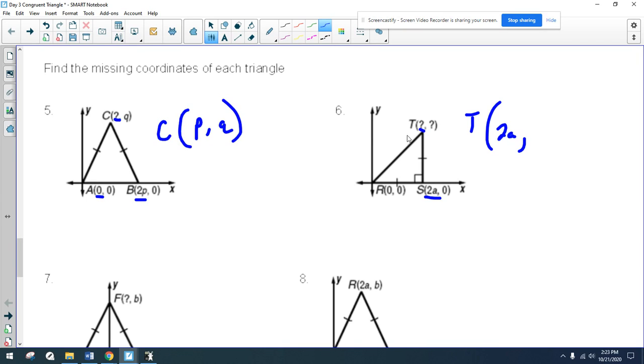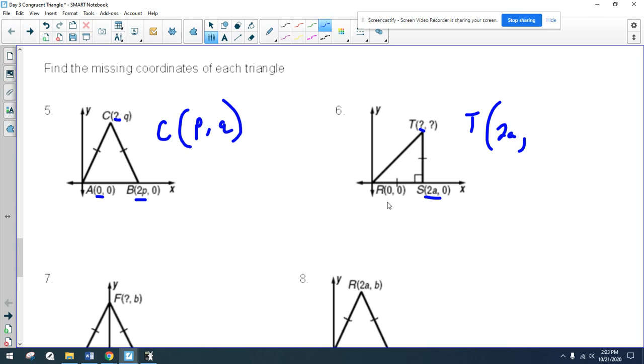To figure out how high it is, there's a couple of different ways to do it. In this case, you're just going to have to pick a different letter, because for the height, there's no way, unless you're using a 45, 45, 90 degree triangle, and we haven't learned that in trigonometry yet.